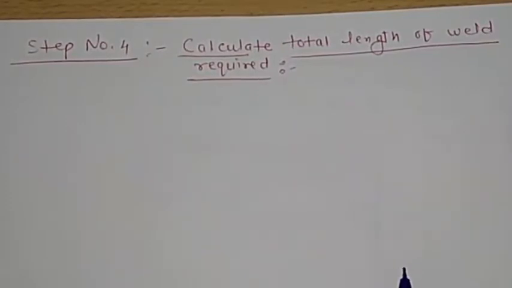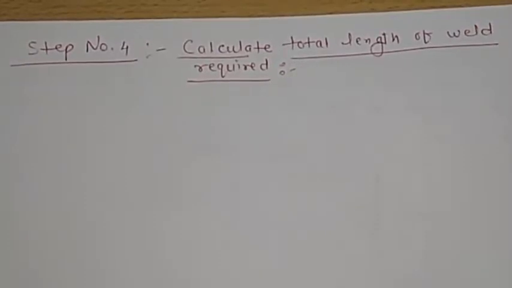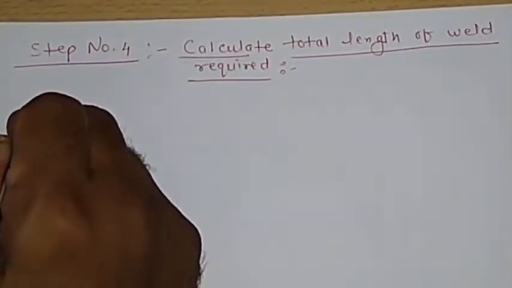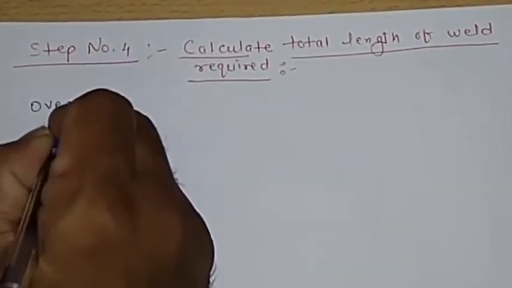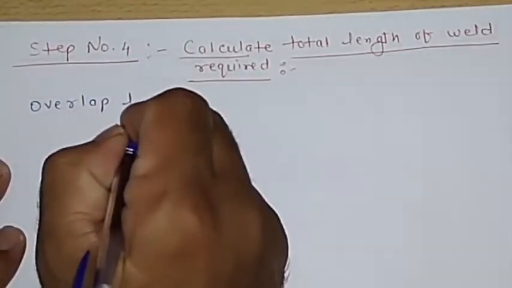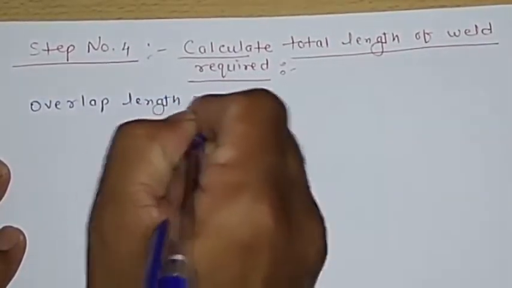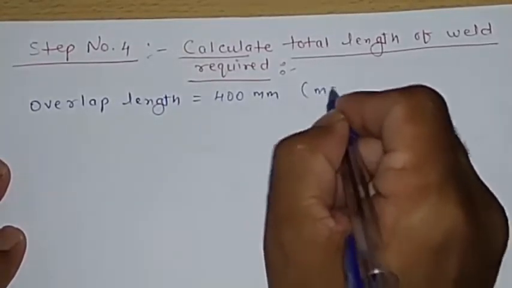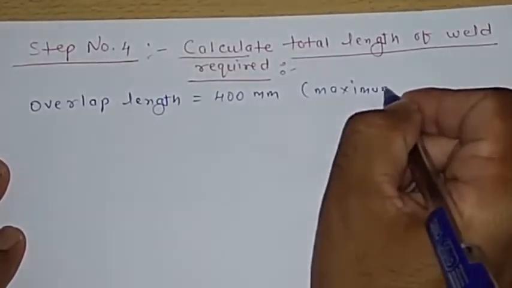So here the overlap is limited to 400 mm, as you know. So maximum length that can be provided, which we can calculate here. We can write down here overlap length is given already in the problem, that is 400 mm, and that is maximum which we can provide.